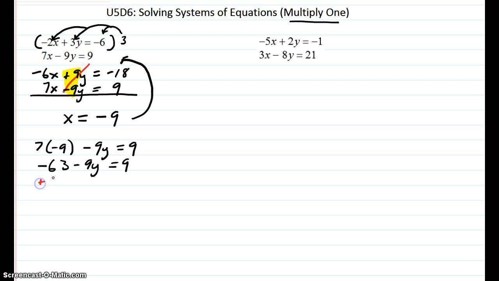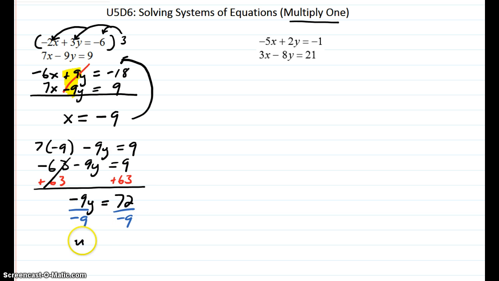So now we add 63 to both sides. And this goes away. Don't forget to bring down that negative, so negative 9y equals 72. Divide both sides by negative 9. And now I get y equals negative 8.